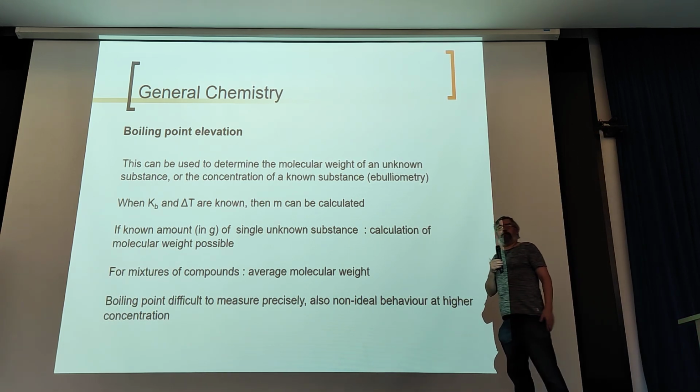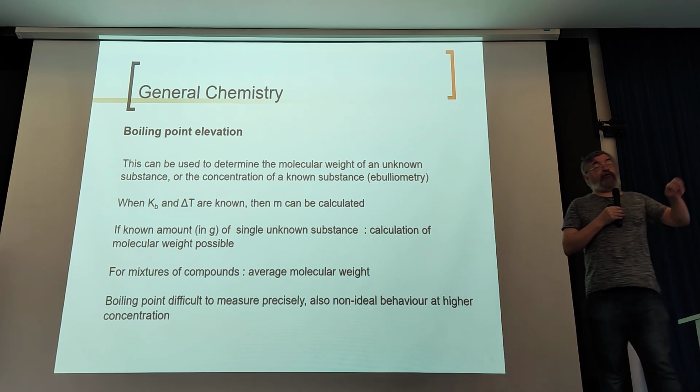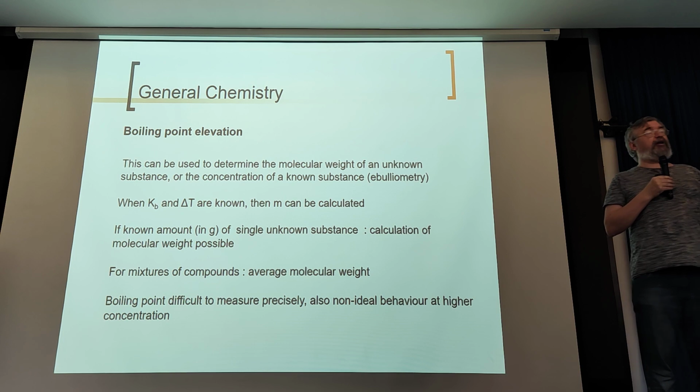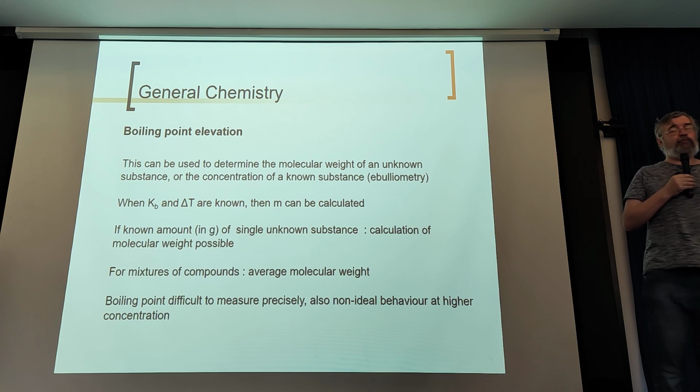So if it's a mixture of compounds, in fact you only get the amount of particles, so that means it's a number average molecular weight. For instance, sometimes it's used for polymers, and then the polymers contain different molecules of different molecular weights. You get the number average molecular weight.